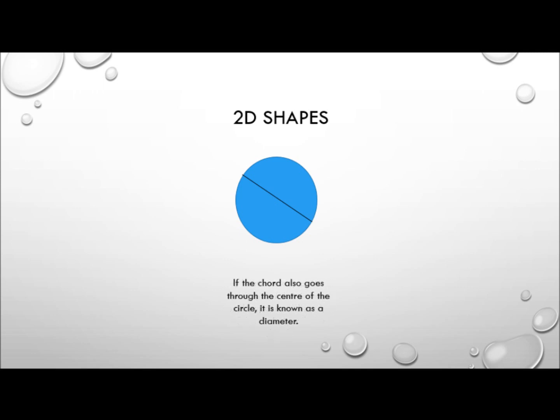If the chord goes from one edge of the circle to the opposite edge, going through the centre of the circle, then that chord has a special name called the diameter. It is the longest possible chord that you can get. The length of the diameter is what is generally accepted as the width of the entire circle.